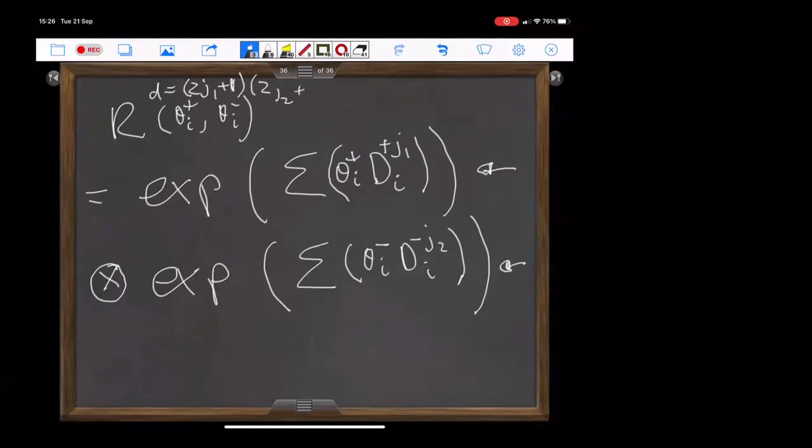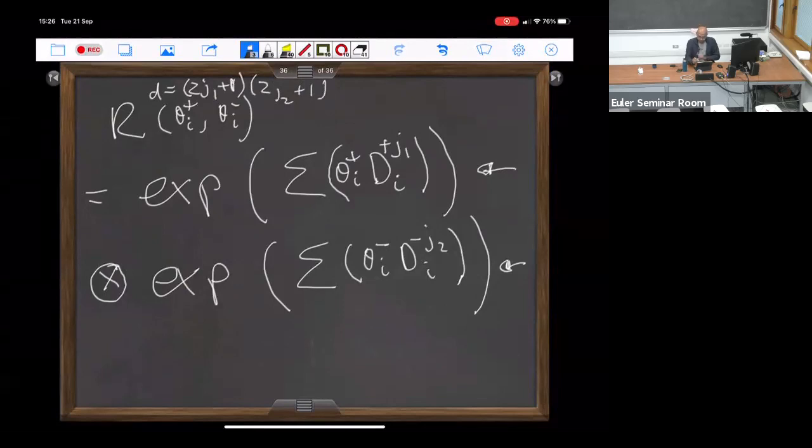I added them by mistake, sorry. So this matrix has dimension 2J1 plus 1, and this matrix has dimension 2J2 plus 1. And the tensor product gives you a representation which is the product of the dimensions, which was m and n before.